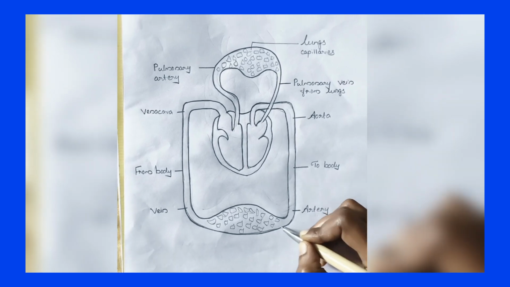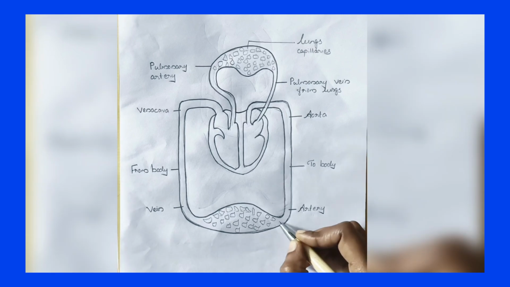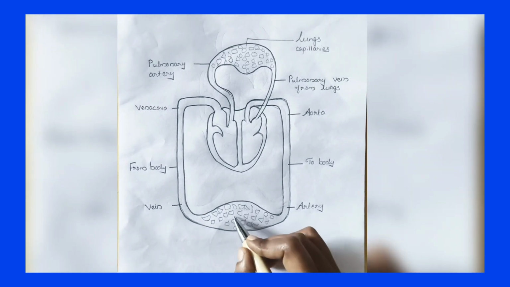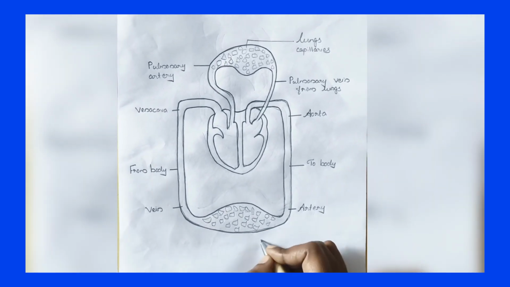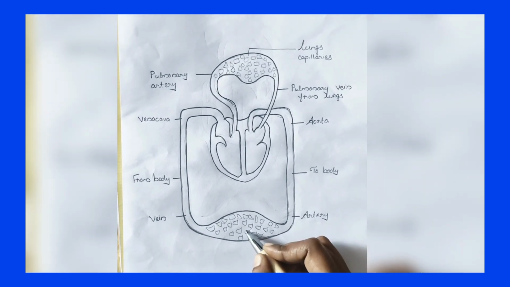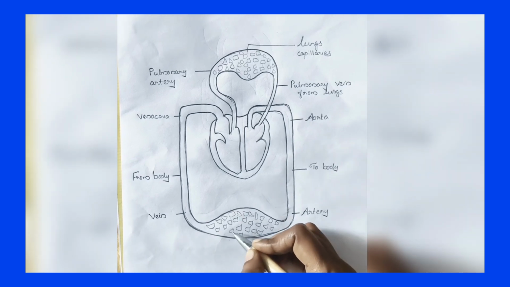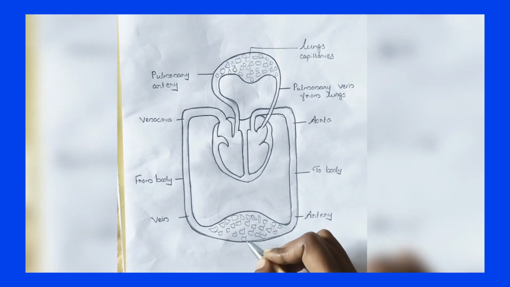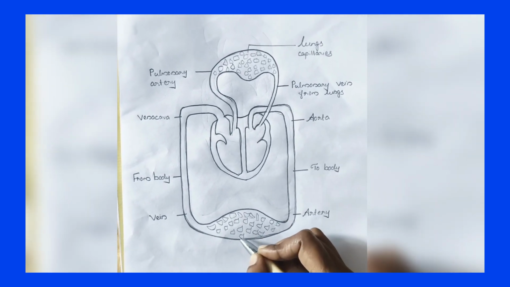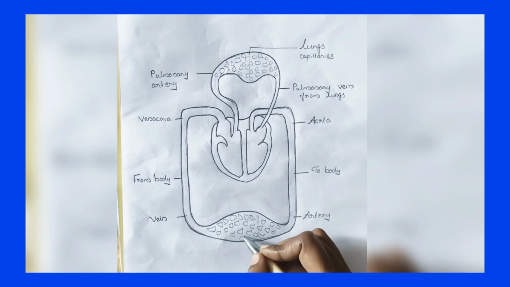When it reaches different parts of our body, this main artery divides into small thin tubes called capillaries. With the help of capillaries, this oxygenated blood is distributed to each and every cell. Inside the cells, with the help of oxygen and glucose, respiration takes place in the mitochondria.